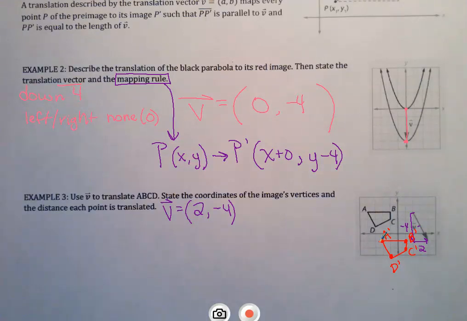Okay, so we need to state the coordinates. What's the coordinate of A prime? -2, -1. Okay, Justice, what's the coordinate of B prime? -1. Do I go sideways first? Yes, 1. There you go, because we always do horizontal. Lucas, C prime.